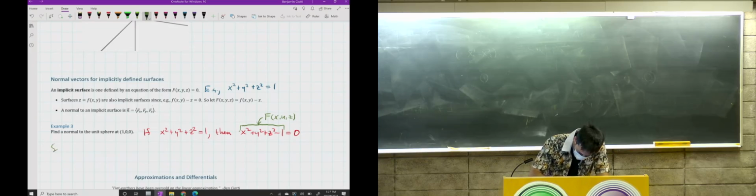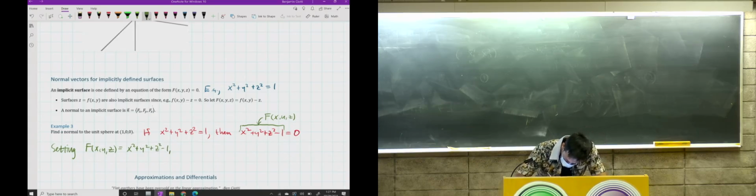So setting capital F to be x squared plus y squared plus z squared minus 1, we get that the normal vector is 2x, 2y, 2z.